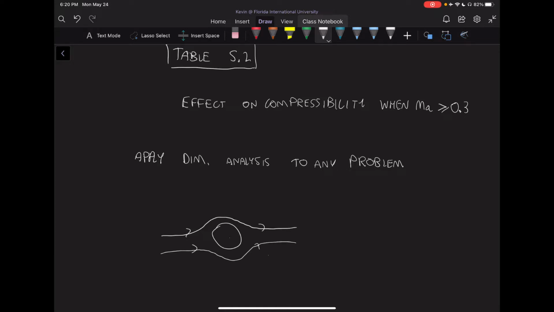And we have a certain force that's created on this sphere that is being pushed. Okay, so this is a sphere, and we have some flow going around a sphere.